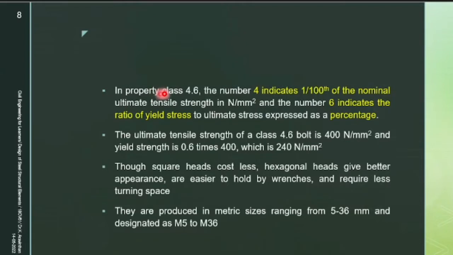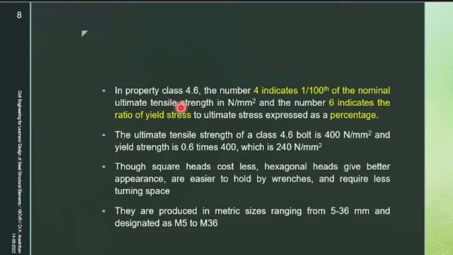The property class, if they are saying 4.6, what it indicates is that 4 indicates 1/100th of the nominal ultimate tensile strength.